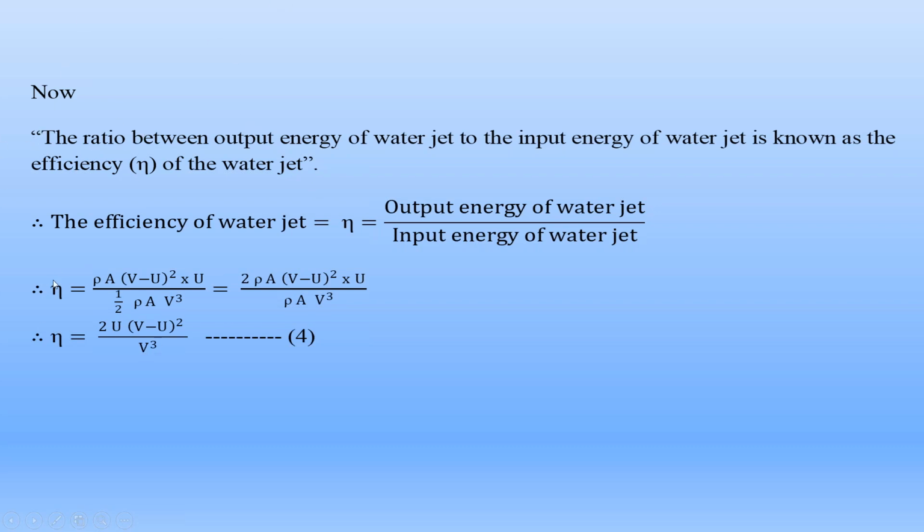For this constant v, the efficiency becomes maximum when d nu by du equal to 0. Next class, we will discuss that maximum efficiency in this first condition.